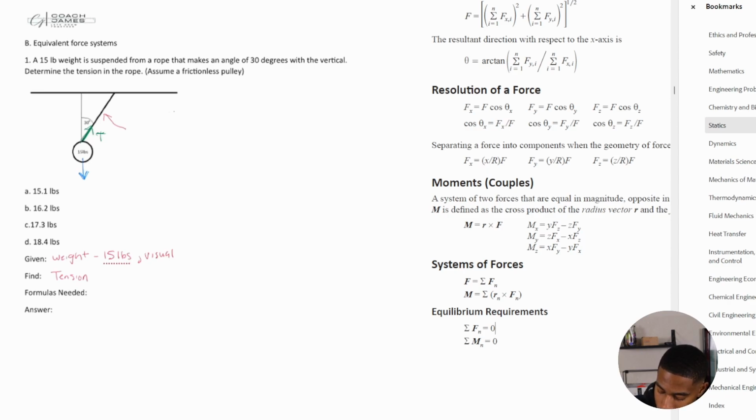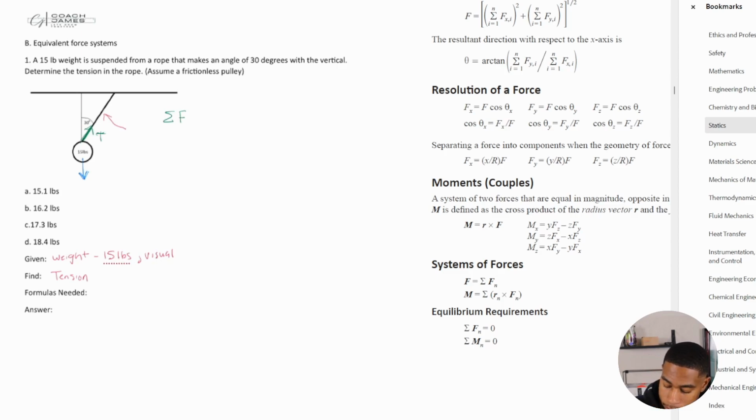To save time, think about how you can create an equation that has the least amount of variables that you need to solve for. I'm going to walk you through both ways just to show you what I mean by this.